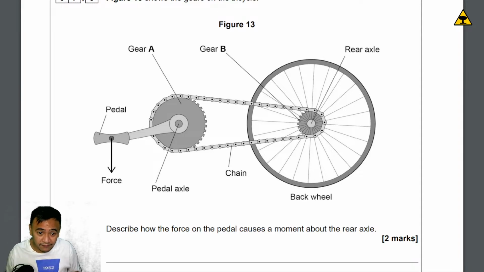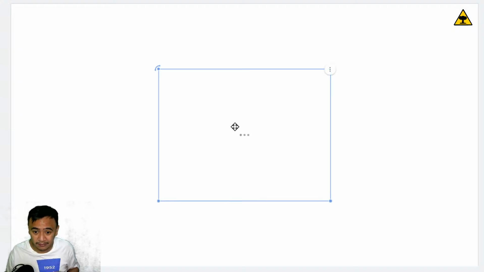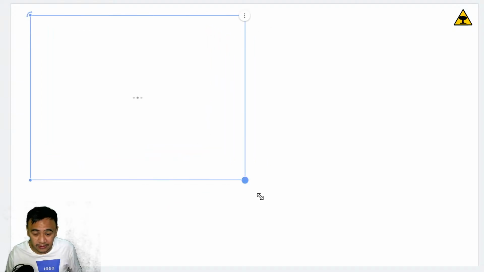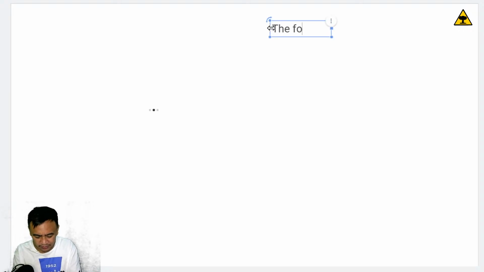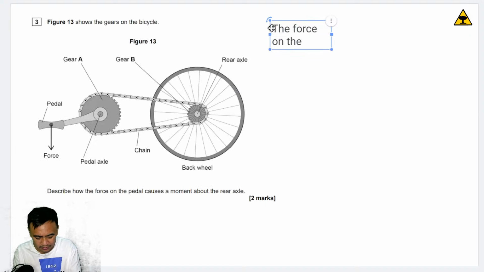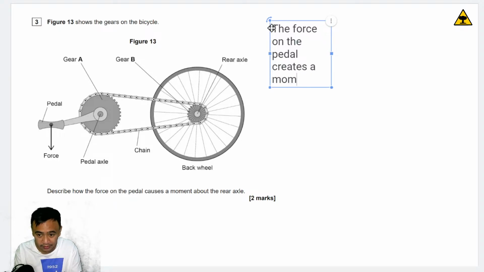The moment of a force is also known as the turning effect because of that force, right? So what's happening here? The first part is that the force on the pedal creates a moment.